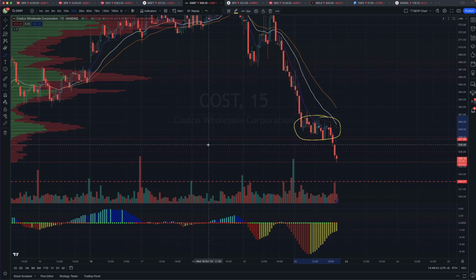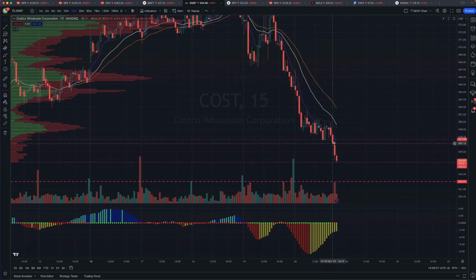Those are most likely people trying to bounce Costco out of this oversold condition. Okay, we're consolidating. Maybe we're going to bounce, right? It's a combination of things. It's people that are shorting, covering and taking profits, and it's also people trying to bounce, right?